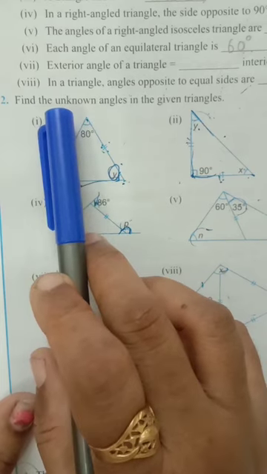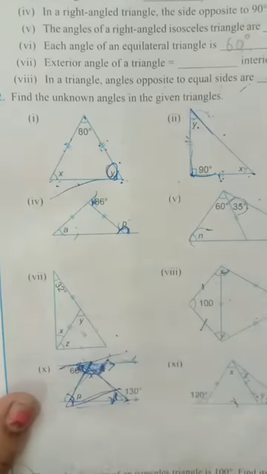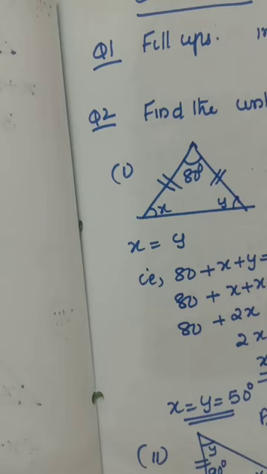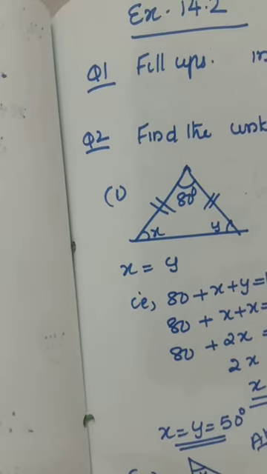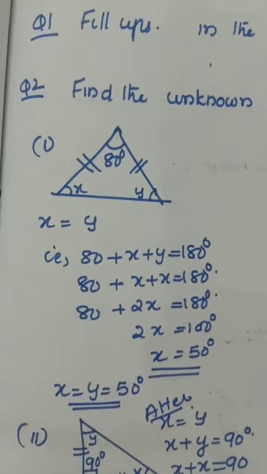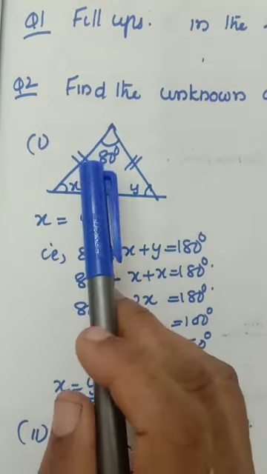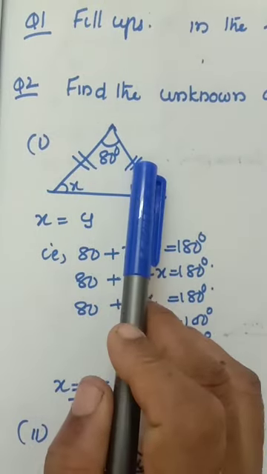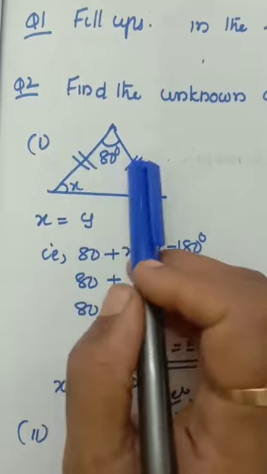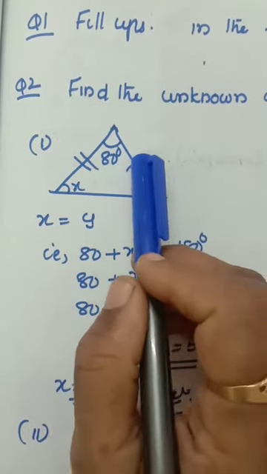Now question number 2. Find the unknown angles in the given triangles. Check it. See, this symbol means two sides are equal. Already I told you, two sides are equal, their opposite angles are also equal.